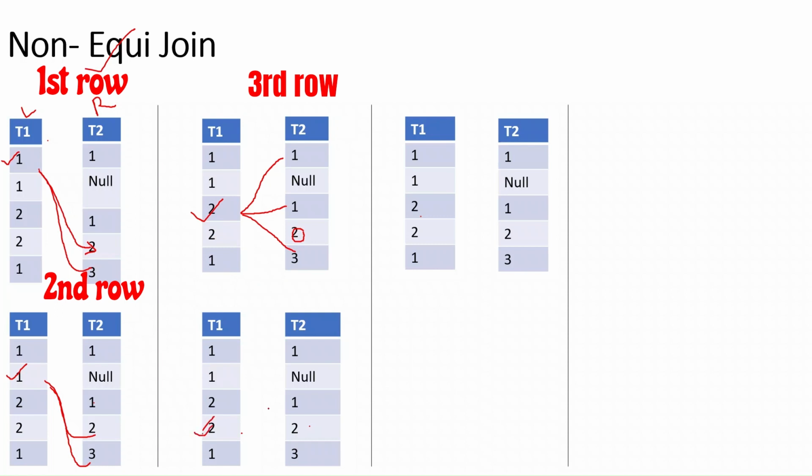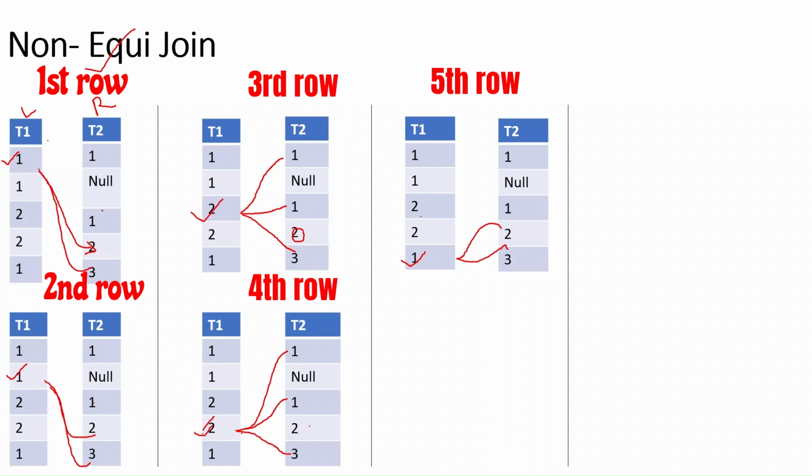Take your fourth row. In this fourth row, 1 it will take because this is a non-equi join. This one also it will take, and 3 also it will take. Fourth row is finished. Now the fifth row. Now see here, 2 it will take and 3 it will take.